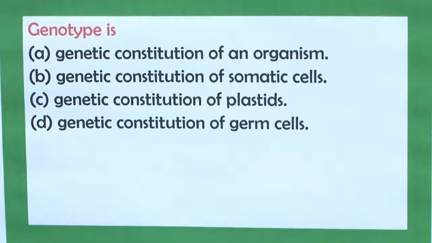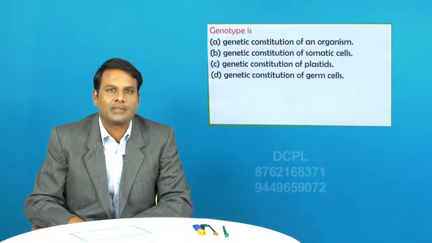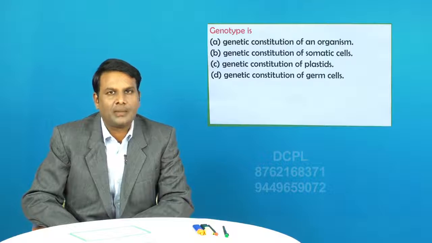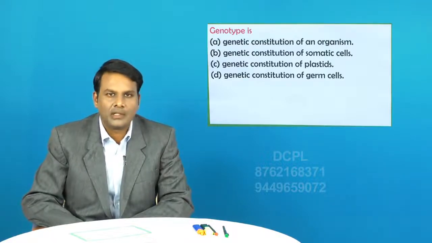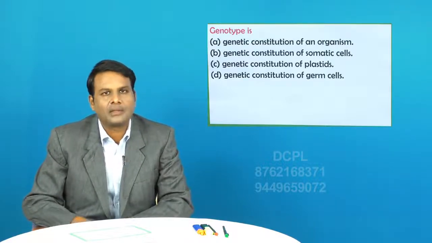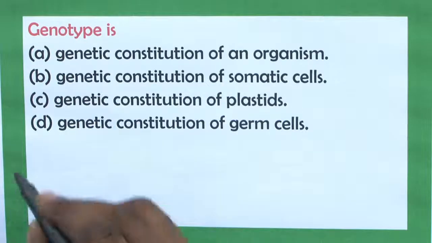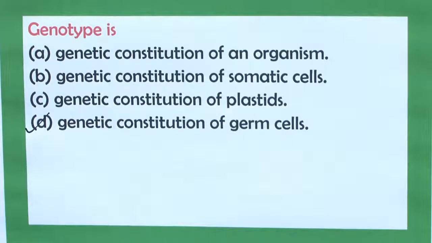In this question, option A is genetic constitution of an organism, option B genetic constitution of somatic cells, option C genetic constitution of plastids, and option D genetic constitution of germ cells. So, the genetic constitution of germ cells like gametes, sperms and eggs is called the genotype, and hence the correct option is option D, genetic constitution of germ cells.